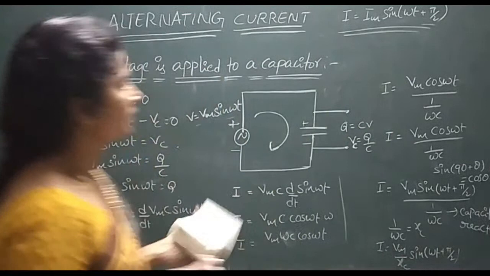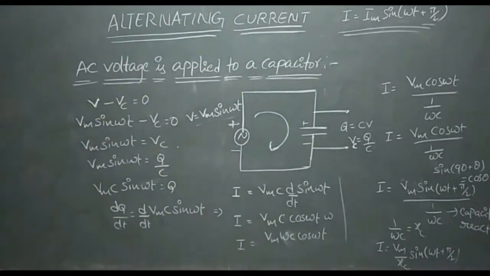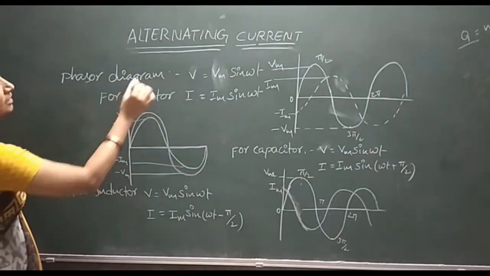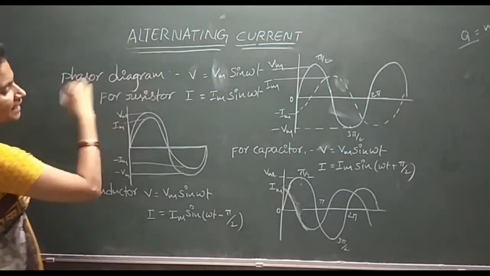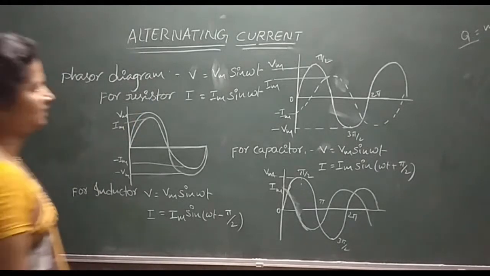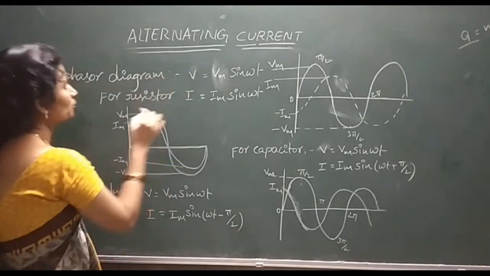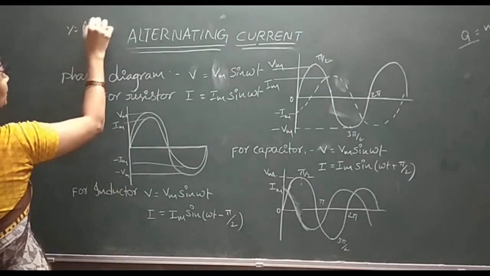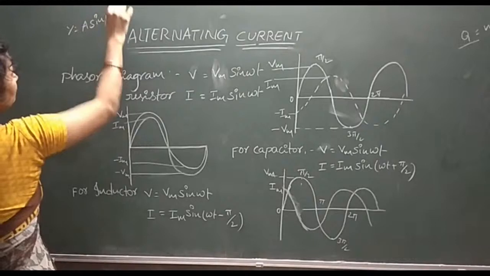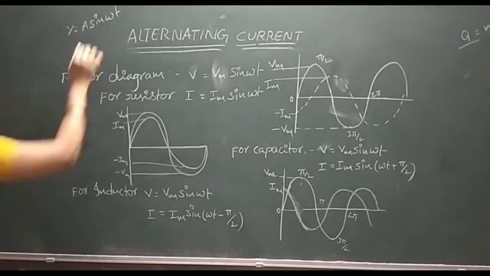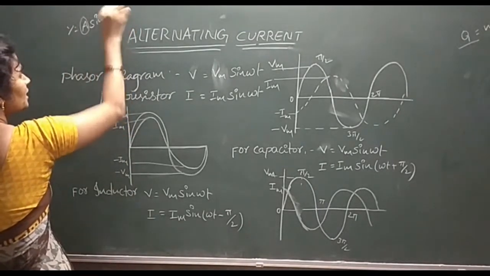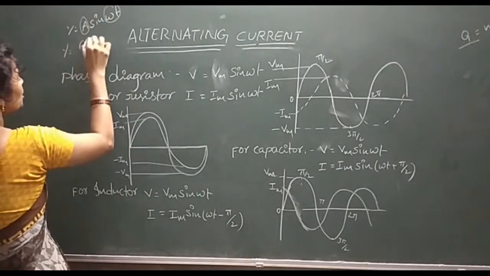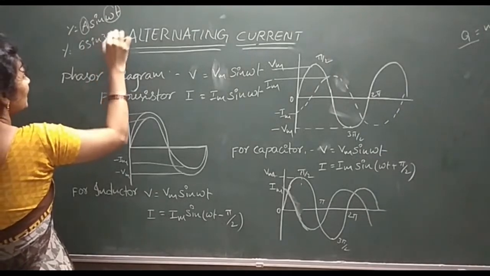Okay, the next one is the phasor diagram. A phasor diagram is a rotating vector with respect to the origin. Suppose, for example, we already know that y = a sin omega t, where a is the amplitude and omega t is nothing but the angle. Suppose y = 6 sin 30.